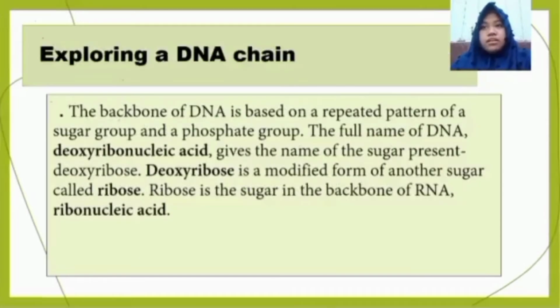Exploring a DNA chain. The backbone of DNA is based on a repeated pattern of a sugar group and a phosphate group. The full name of DNA, deoxyribonucleic acid, gives the name of the sugar present, deoxyribose. Deoxyribose is a modified form of another sugar called ribose. Ribose is the sugar in the backbone of RNA, ribonucleic acid.